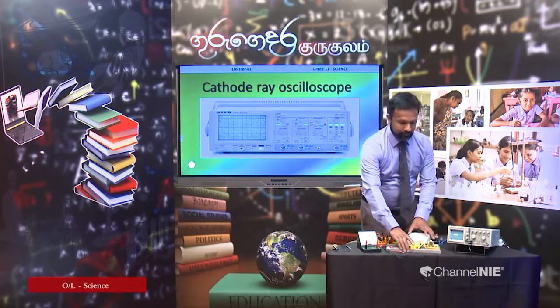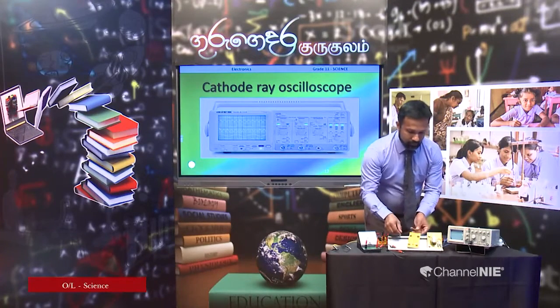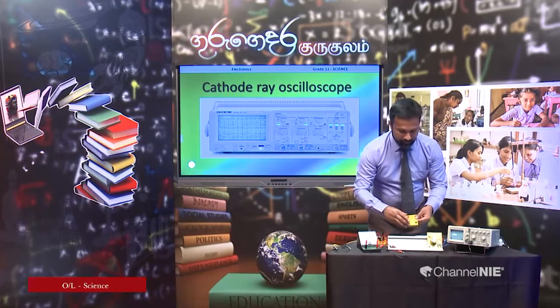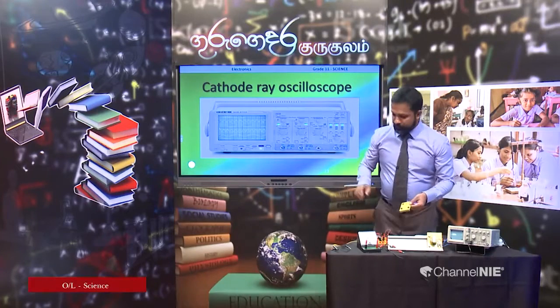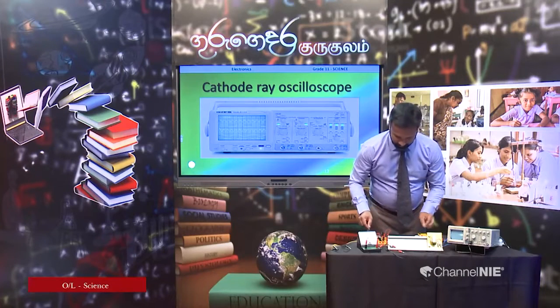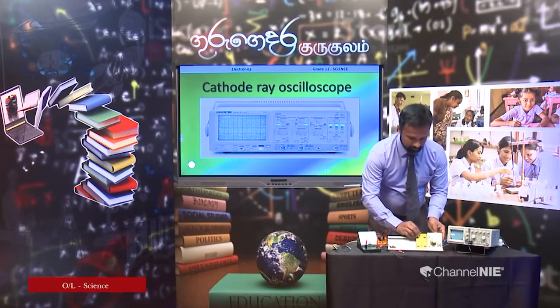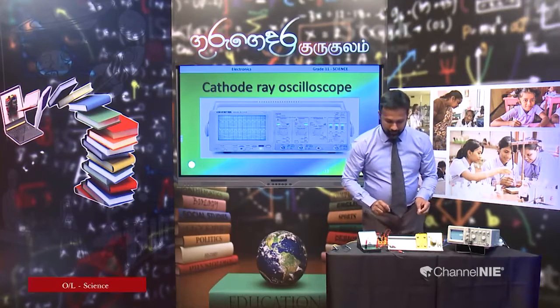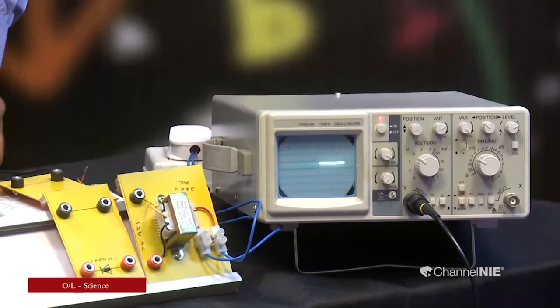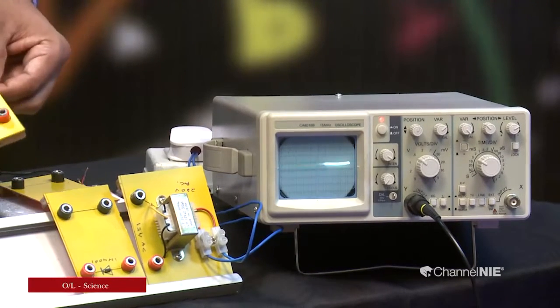Then I am going to connect the transformer to the diode. This is the diode here. Then I am going to connect the load or the resistor.